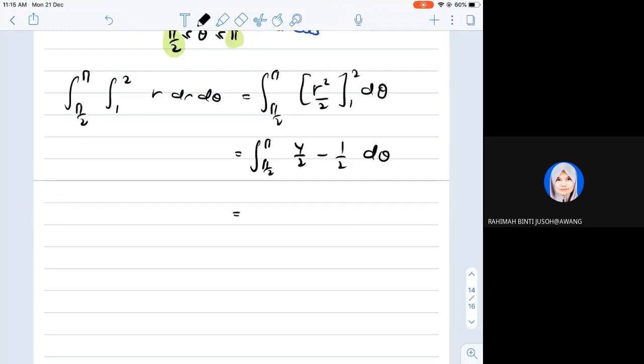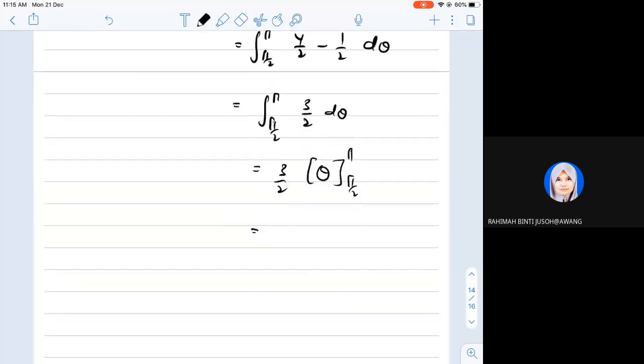So we will have 3 over 2, isn't it? So 3 over 2 times theta, substitute pi and pi over 2. 3 over 2 times pi minus pi over 2, you will have 3 over 2 times pi over 2, so we will have 3 pi over 4. Okay, that is the correct answer for this question. So we have this 3 pi over 4.